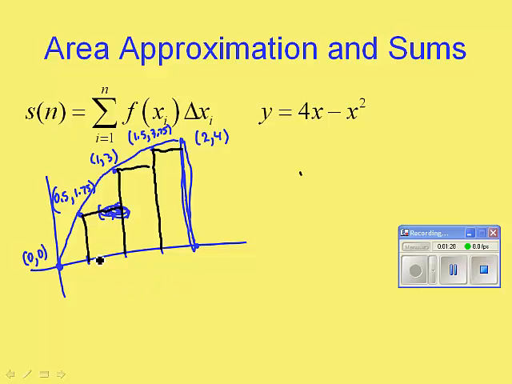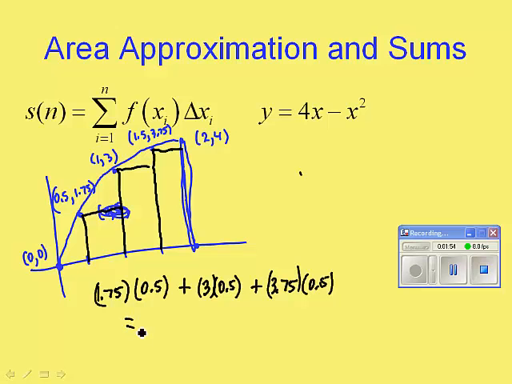All right, so let's add up the areas. So now the underestimate would be, okay, well, what's this area? I guess it's 1.75 times 0.5, right? Plus 3 times 0.5 plus 3.75 times 0.5, right?